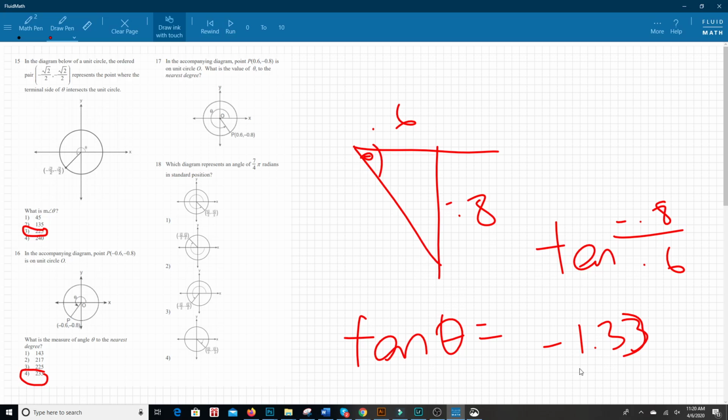If I want to find what theta is, in this case a different theta, not the theta they're asking for, it's going to be tangent inverse of negative 1.33. So I'm going to put that in my calculator. Inverse of tangent, right? Clear. 1 over tangent.